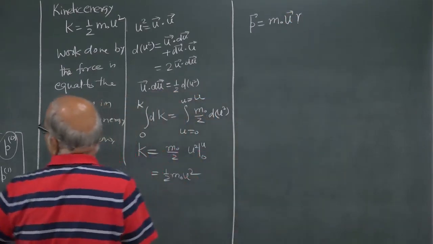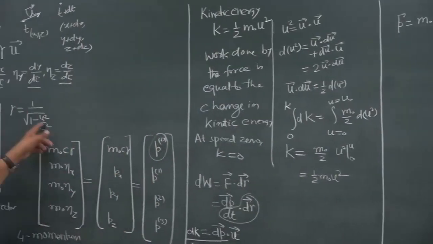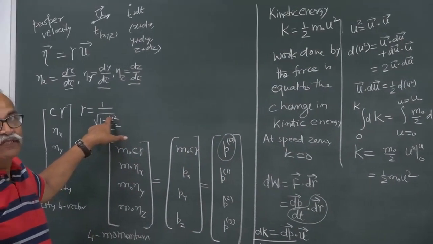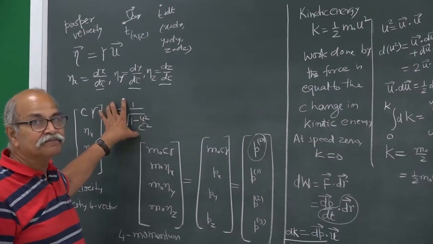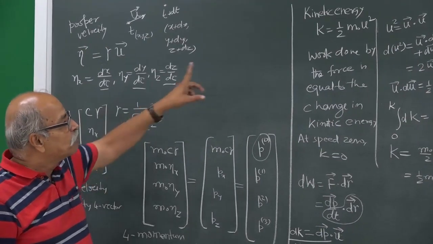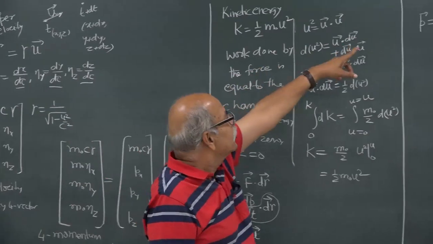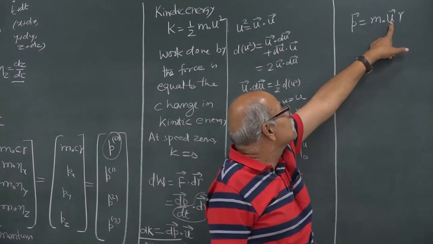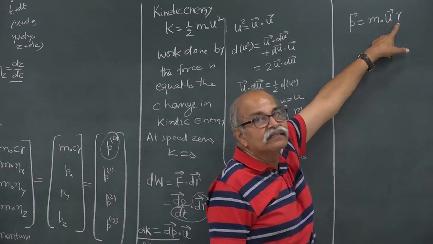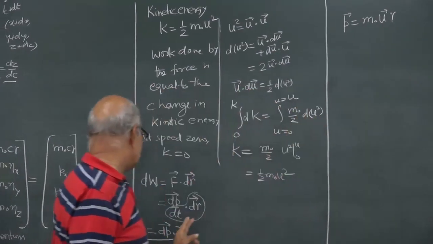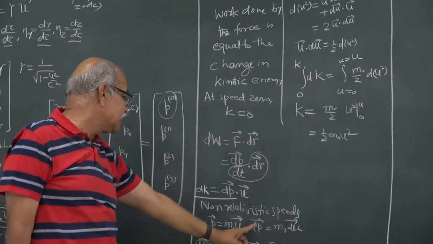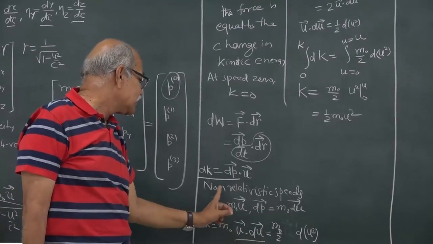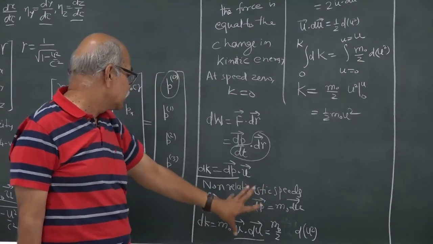Remember, this gamma is the same gamma, particle speed is u, I am using that u to write that gamma. So, momentum is defined as m naught, which is the mass of the particle, times the ordinary velocity, and times that gamma. So, that I should use here. This is the place where I am first using the fact that I am not talking of non-relativistic speeds.